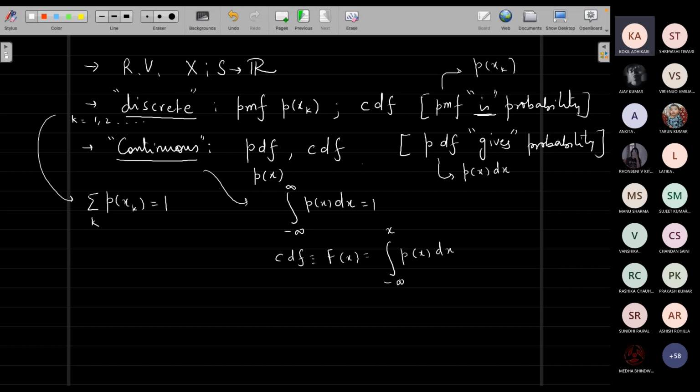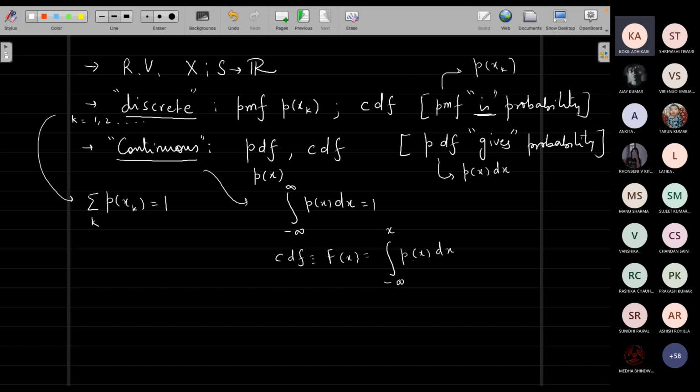And then we have the continuous case for the cumulative distribution function. The normalization for the discrete one is the summation over all discrete values, whereas for the continuous one it is the integration over all x values. And the cumulative distribution function for the continuous case is given as an integral going from minus infinity to x of p(x) dx. So this is what we were doing.